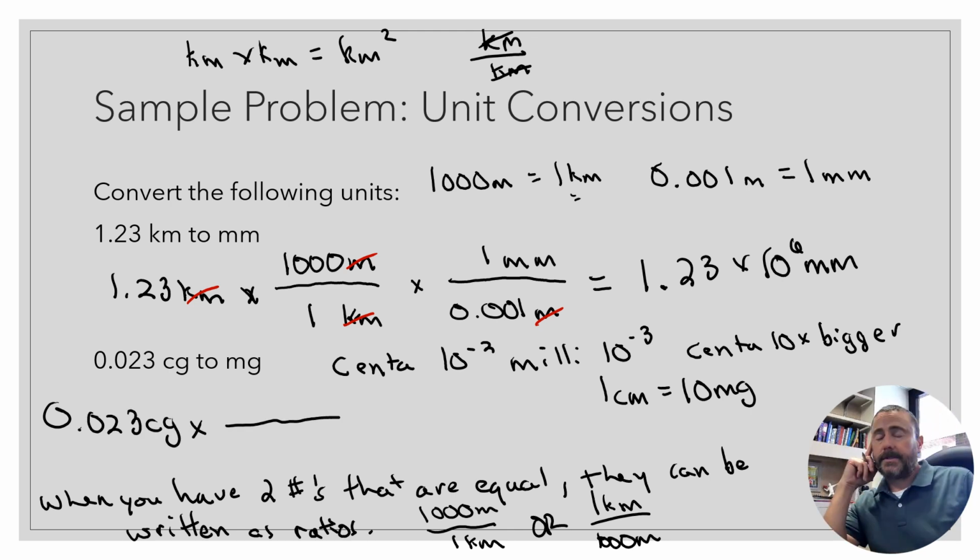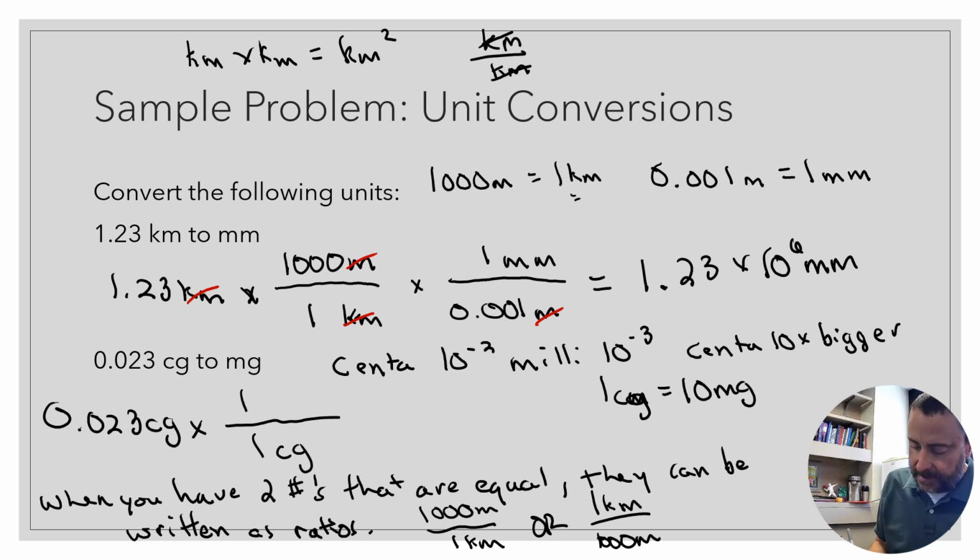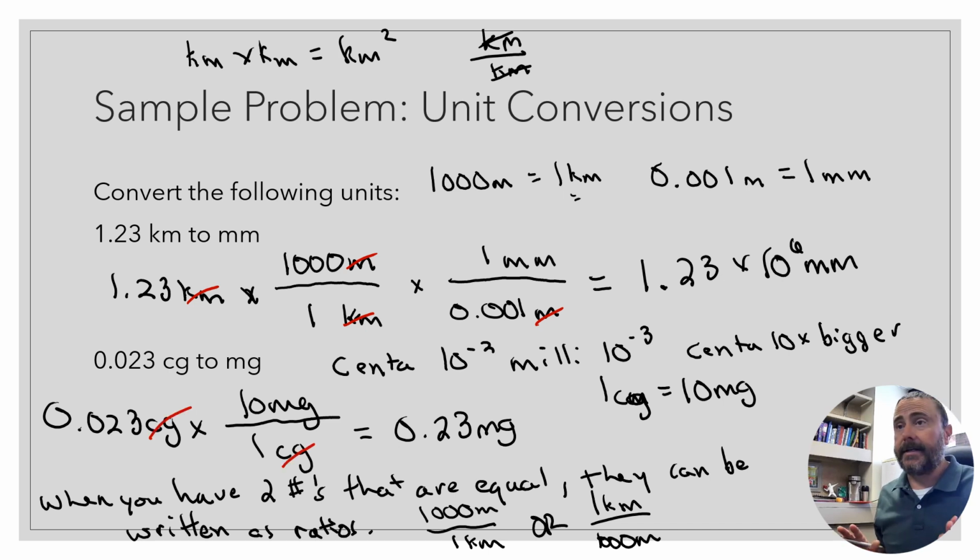Okay, I've got two quantities that are equal to each other, so I can write them as a ratio in order to do a conversion. I'm going to put 1 centigram on the bottom and those 10 milligrams on the top. The centigrams go away, and we're left with our milligrams.